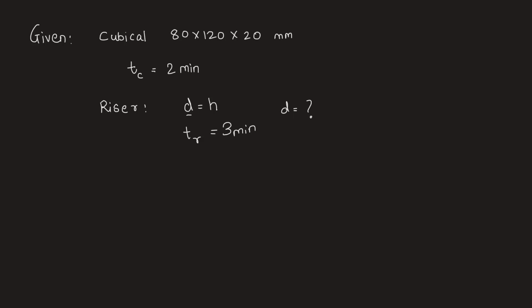Now let's write for casting and for riser how the relationship of solidification time with volume and surface area is. By Chvorinov's rule, we know that solidification time is directly proportional to volume of casting or riser divided by the surface area of casting or riser, square of this ratio.